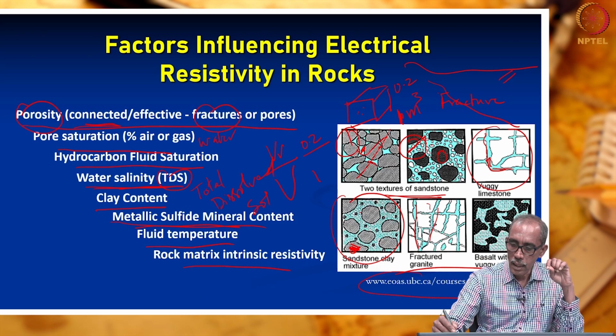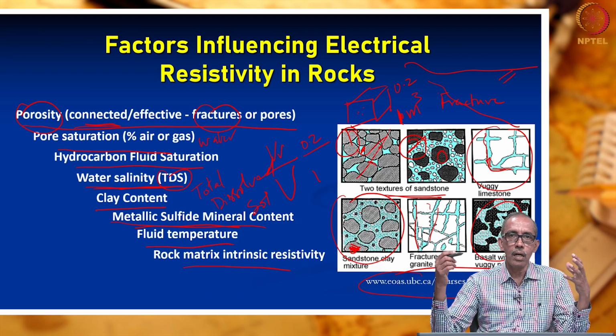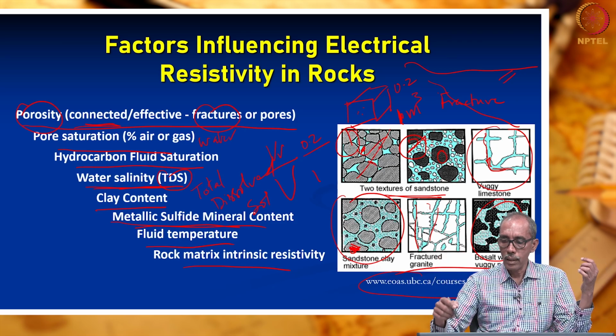The last one is showing the basaltic rocks. Basaltic rocks are found mostly in the western part of India, western central part of India, especially Maharashtra, where we have Deccan basalts. So basalt rocks have a unique property that they have some voids. How are basaltic rocks formed?